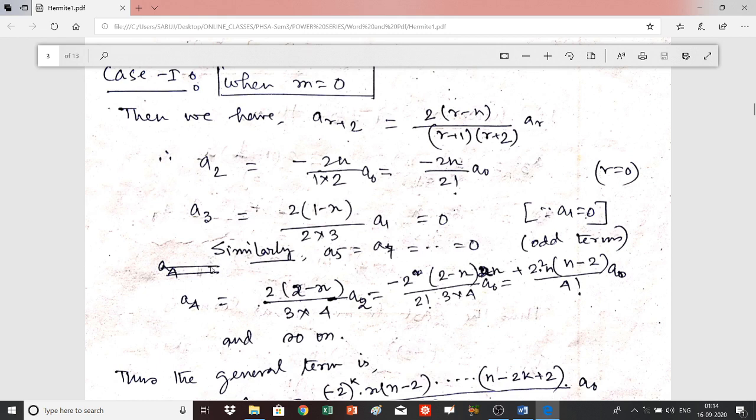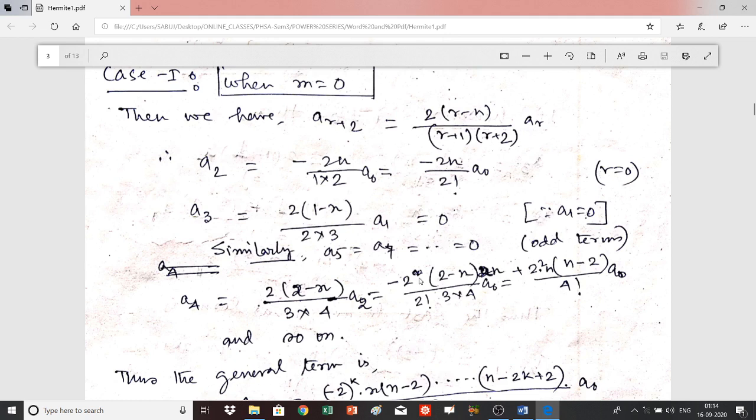Now for a4, in this case r is replaced by 2 in this relation. If we replace r by 2, then ar plus 4 is equal to 2 into (2 minus n) by 3 into 4 into a2.